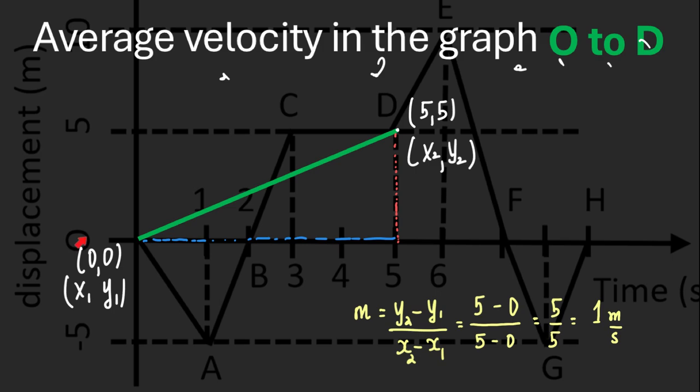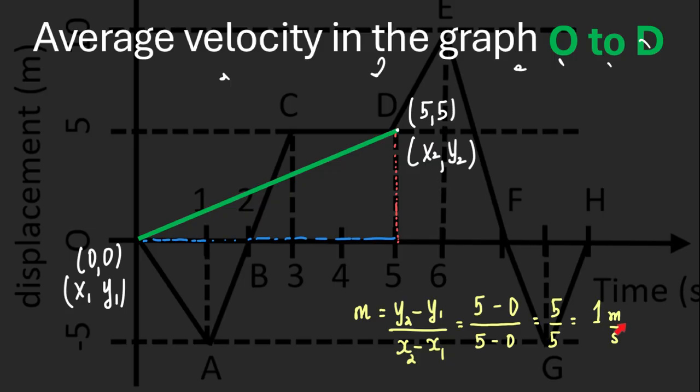What are the coordinates of O? It is 0, 0. Coordinates of D, 5, 5. Why? Because 5 here and 5 here. Now, m is equal to y2 minus y1, which is 5 minus 0, by x2 minus x1, which is 5 minus 0.